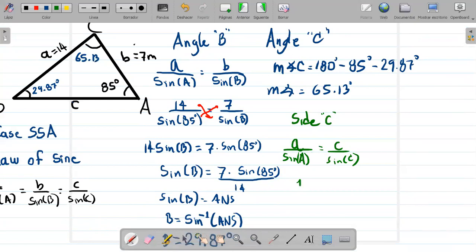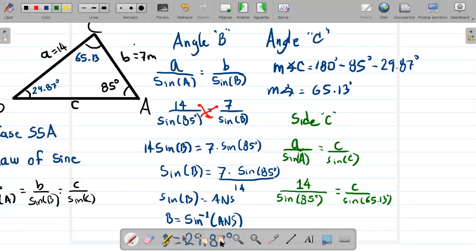Now we're going to have 14 divided by sine of A, which in this case is sine of 85, equals the unknown side C over sine of the angle C we calculated, 65.13.